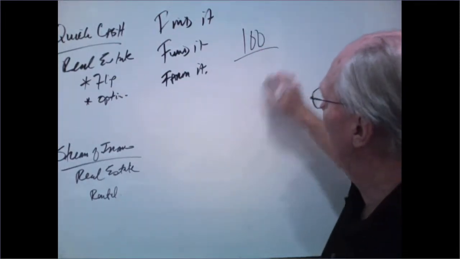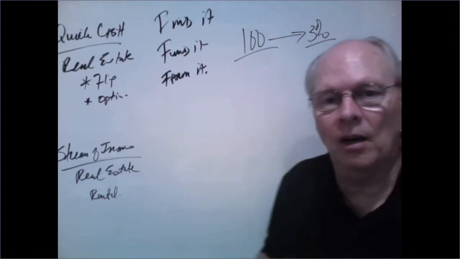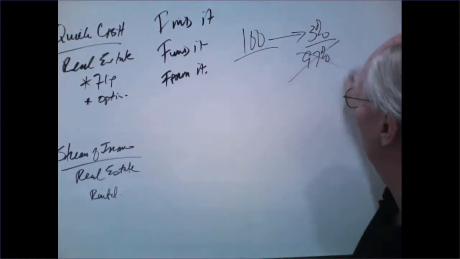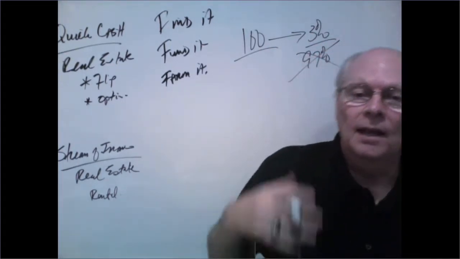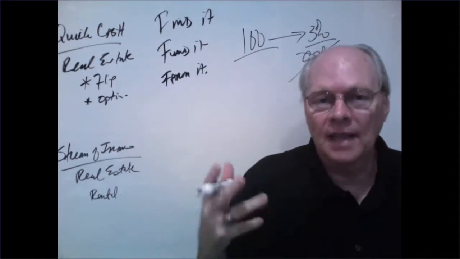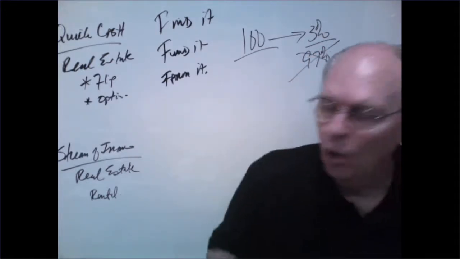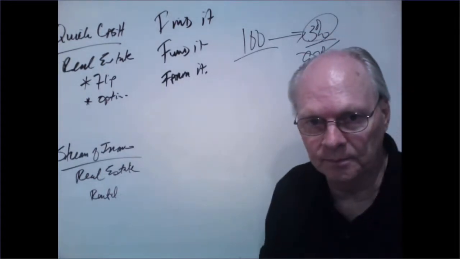So out of 100 properties that are for sale right now, only about 3% of them fit our criteria. 97% of all the properties out there for sale do not fit our criteria. This is where the seller wants their cash, they want their terms, and they're willing to wait till they get them. Only about 3% of all the deals out there are great deals that we're looking at.